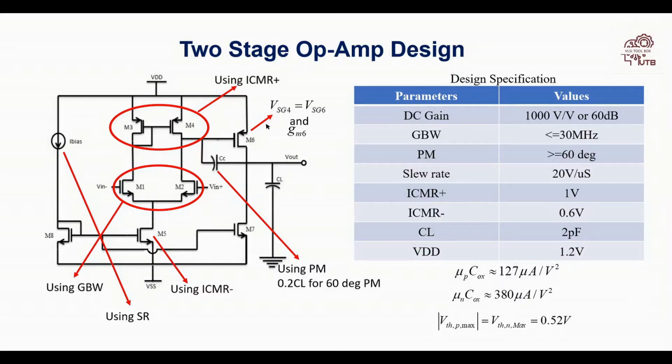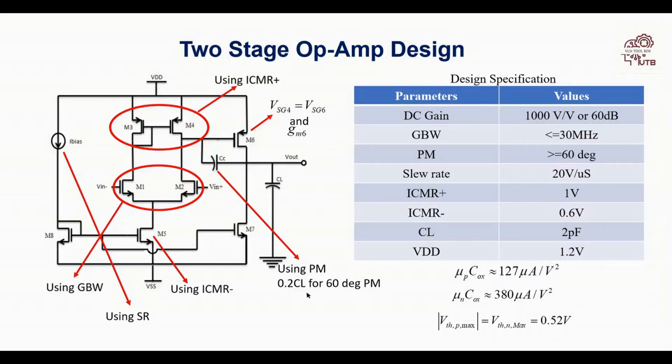And using the relationship VSG4 is equal to VSG6 from this circuit, and gm6, we can design the size of M6, and using the same current flow, we can design the size of M7.